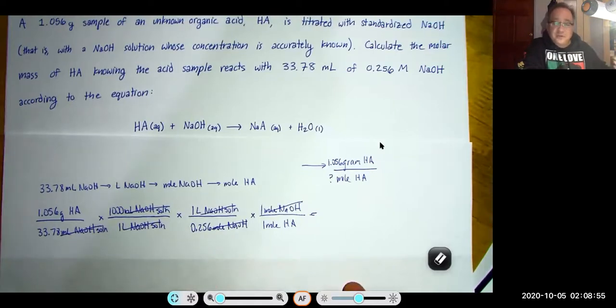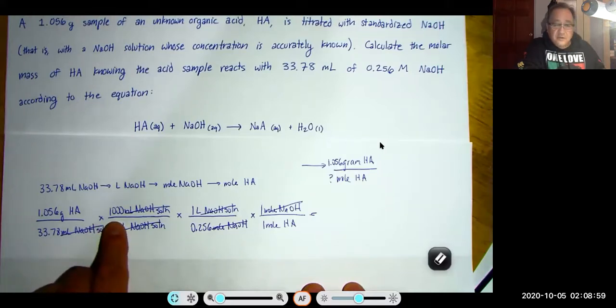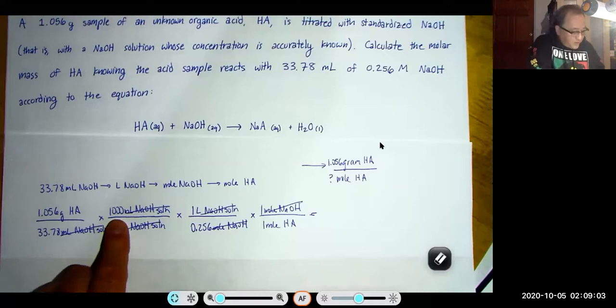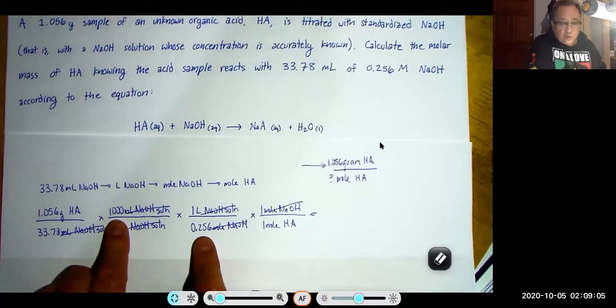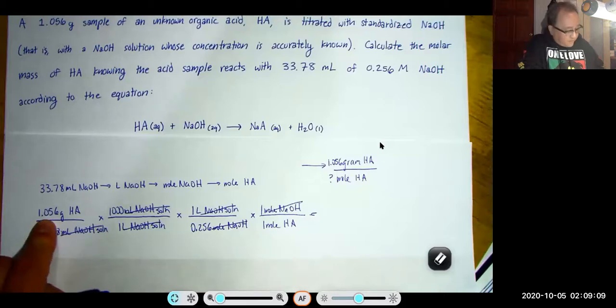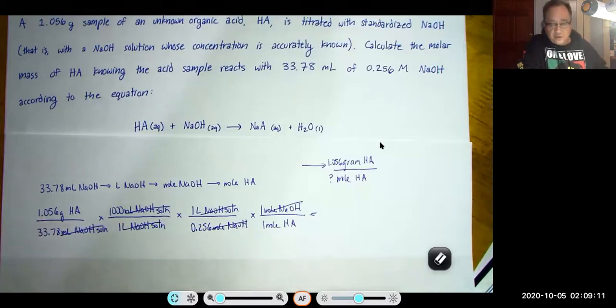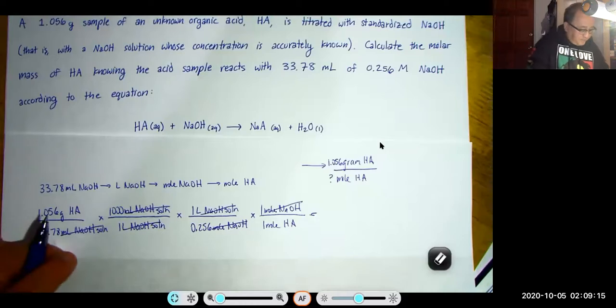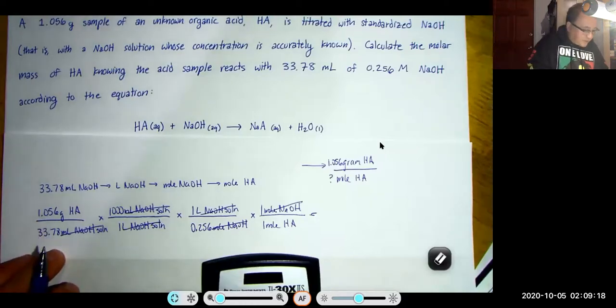So I'm going to do it a different way. 33 goes into 100 3 times, so it goes into 1,000 30 times. 0.256 is like a quarter, and this is like a buck. A quarter goes into a buck 4 times, so I have 4 times 30. 4 times 30 should be around 120. All right, so that should be approximately the molar mass.